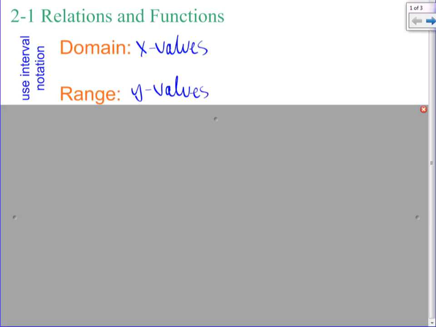Now, a couple of things when you're writing the domain, if it's a list of numbers, we need the fancy parentheses. Okay, so that's these ones. We list in increasing order.